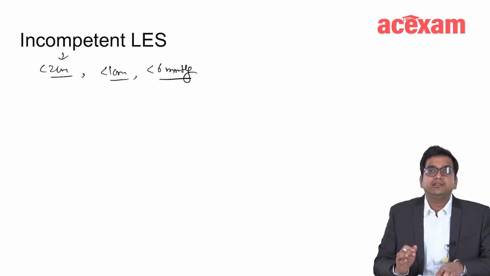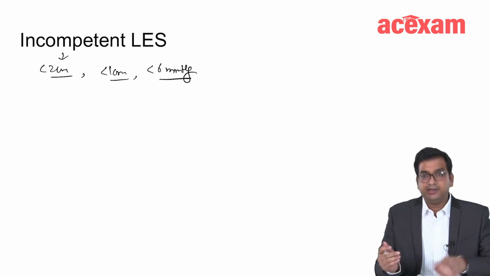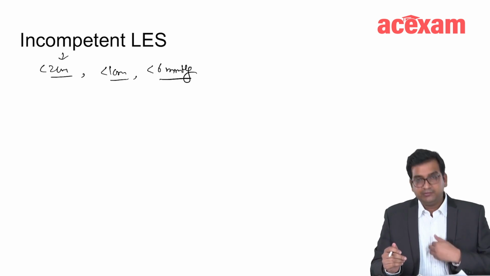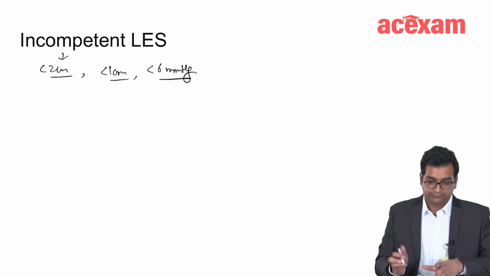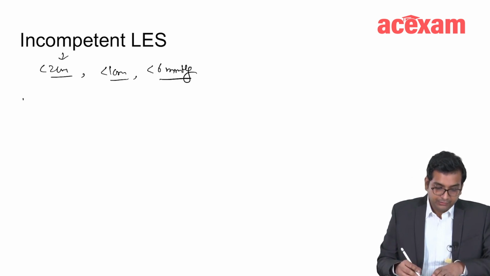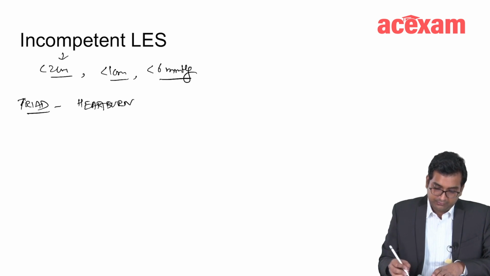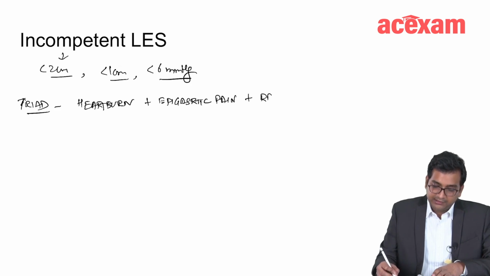Now what are the clinical features of GERD? This is retrosternal burning. Along with that there will be pain in the epigastrium and regurgitation. So this is the classical triad of heartburn, epigastric pain, and regurgitation.